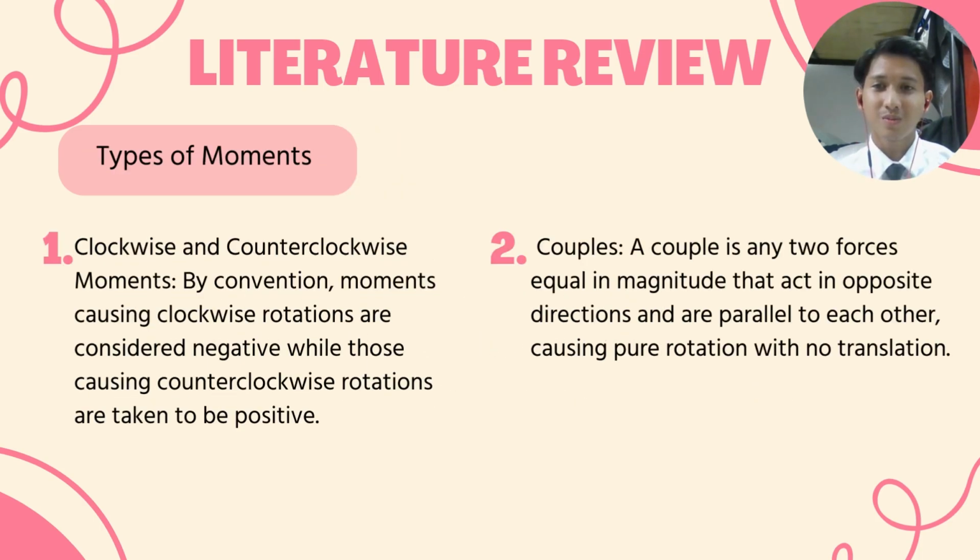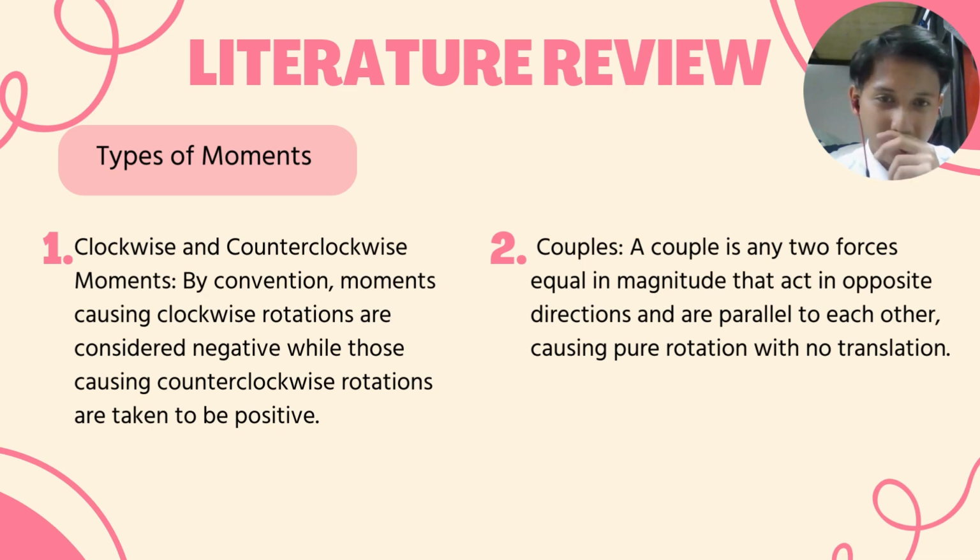The third subtopic in the literature review is types of moment. There are two types. The first is clockwise and counterclockwise: by convention, a moment causing clockwise rotation is considered negative, while counterclockwise rotation is considered positive.